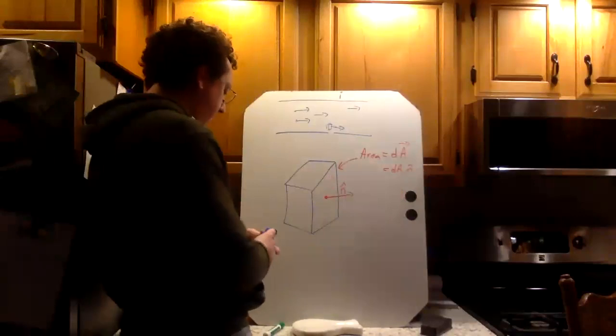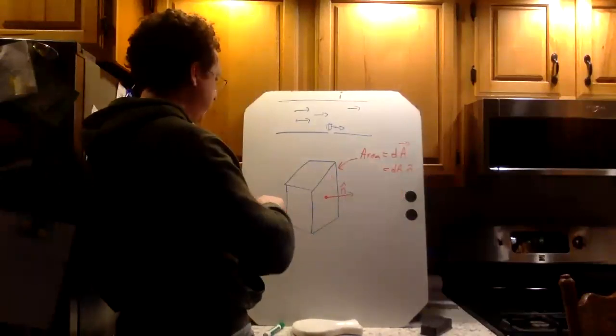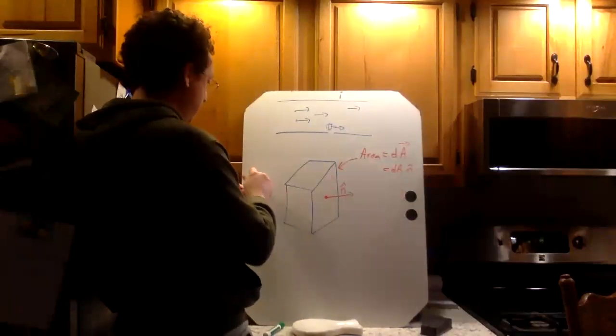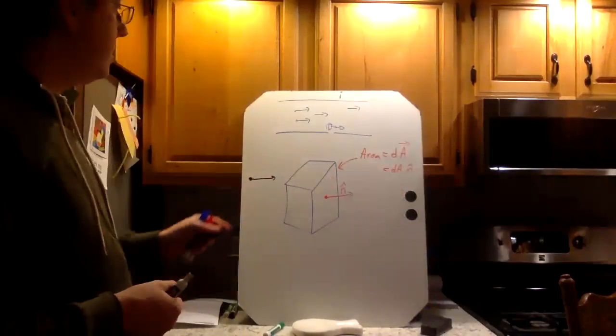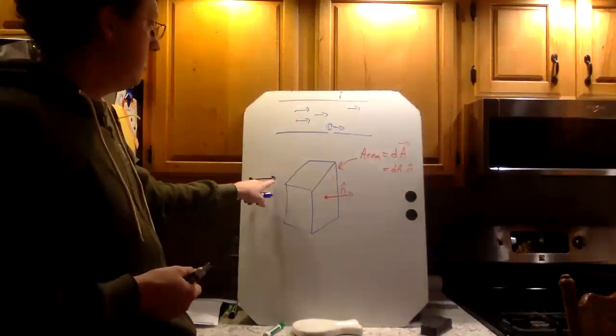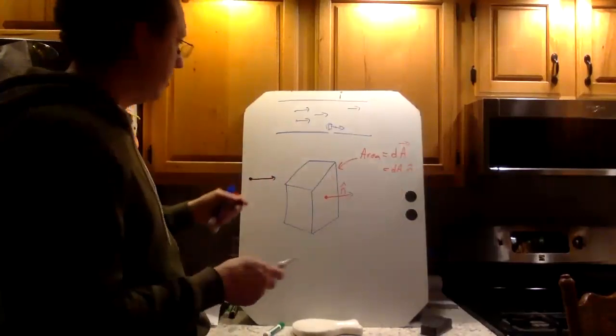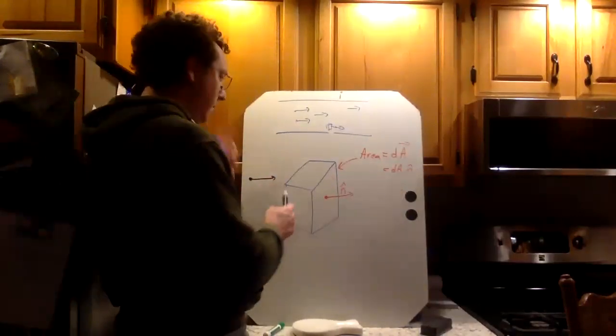And I have these little charge carriers. There could be one over here. In a time delta t, how far would it travel?